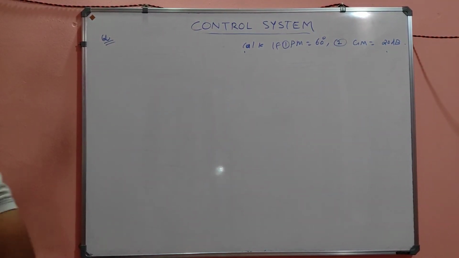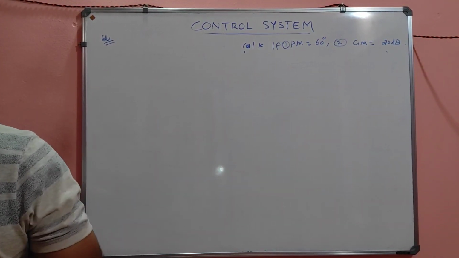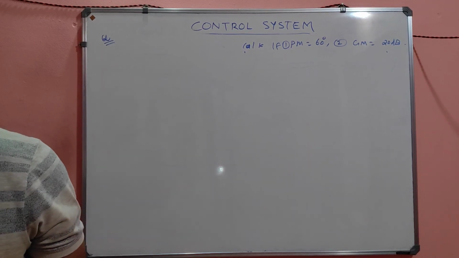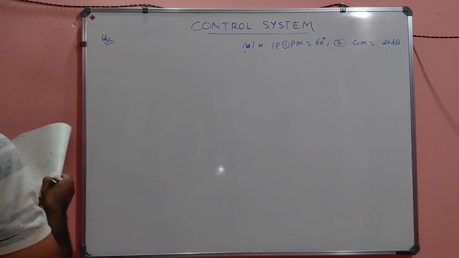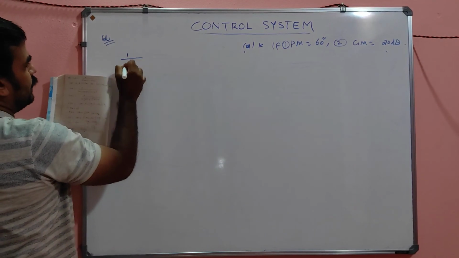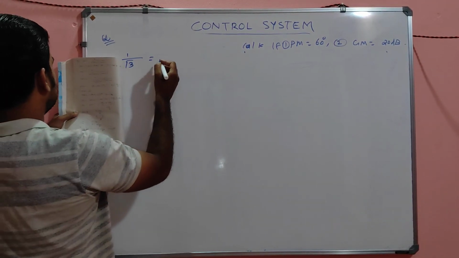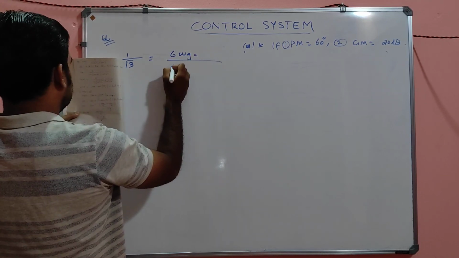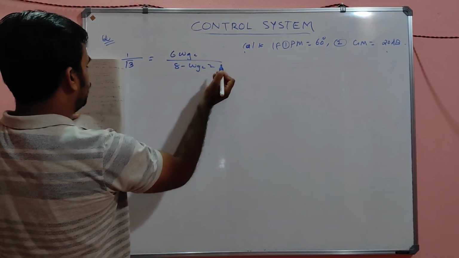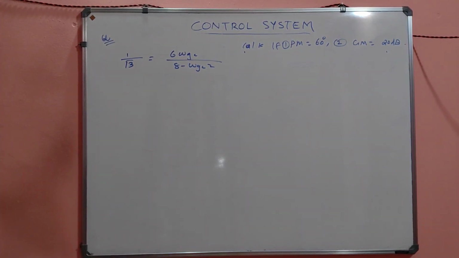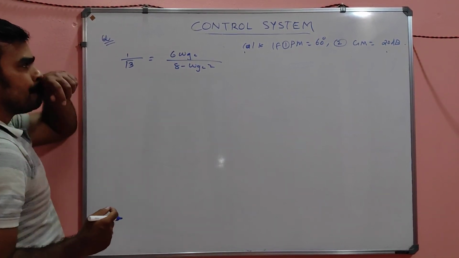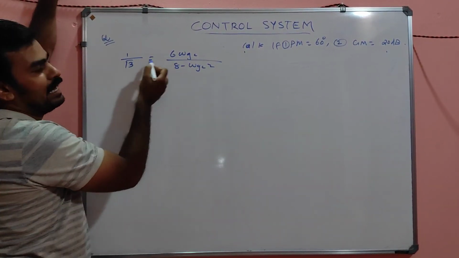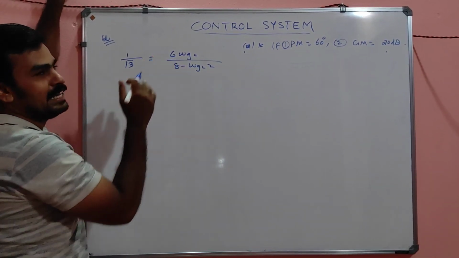We got tan 30, that much is correct actually. 1 by root 3 equal to, up to this is correct, no issue there. 6 omega gc all divided by 8 minus omega gc square. So what I take, omega g is equal to directly 1 by 6, it's wrong because it's gain crossover frequency.